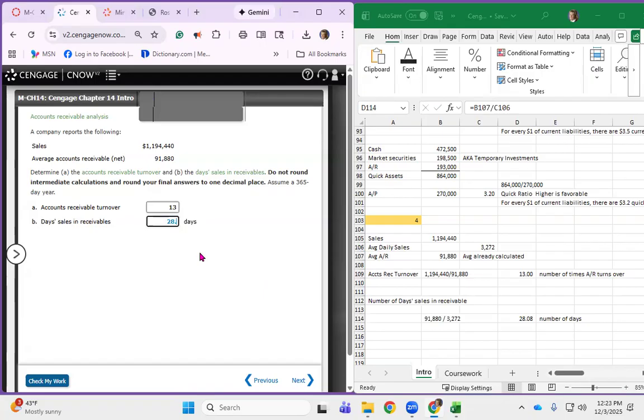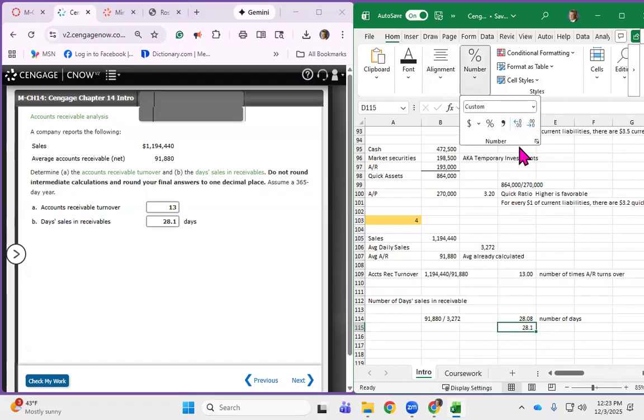It's 28.1 because they want it rounded to the nearest 1 decimal place, right? 28.08 becomes 28.1. So that's why I picked 28.1. Let me fix this.